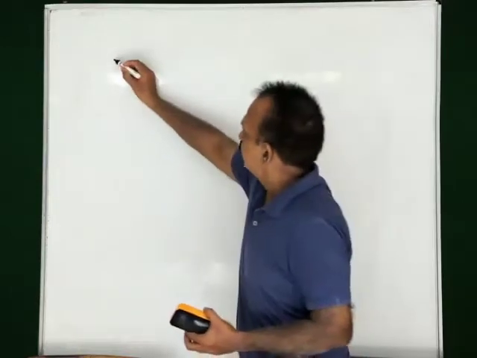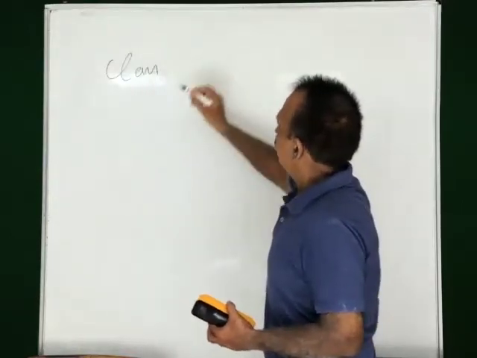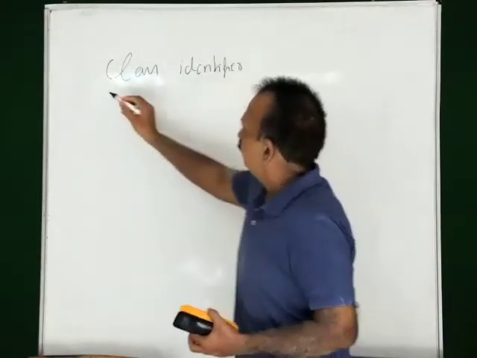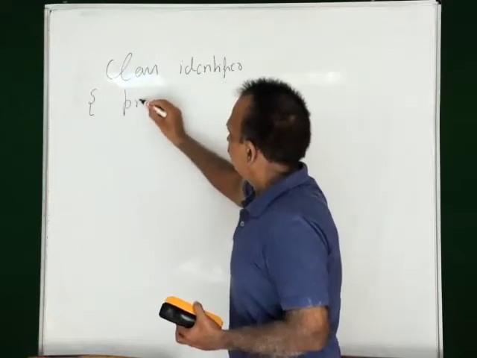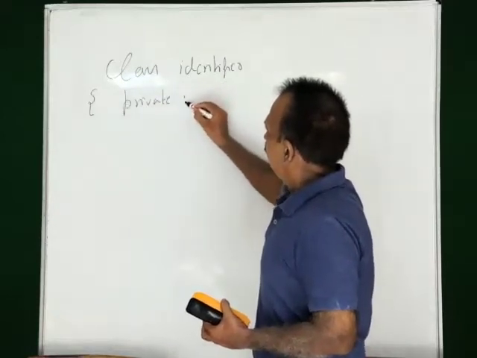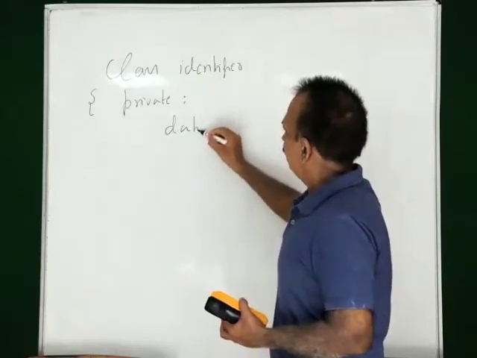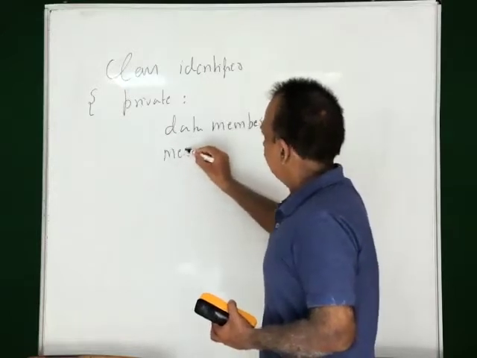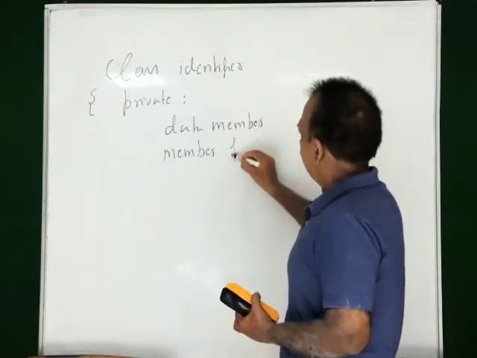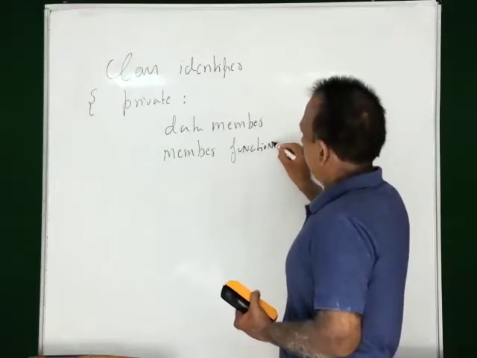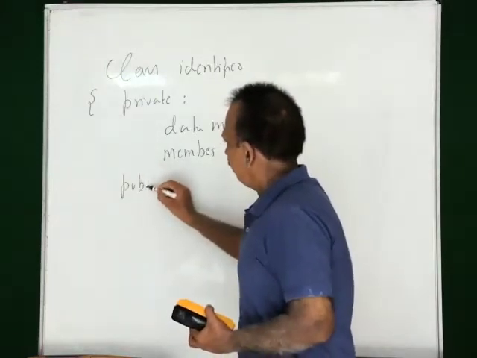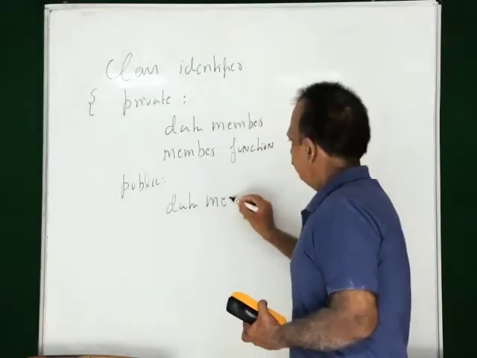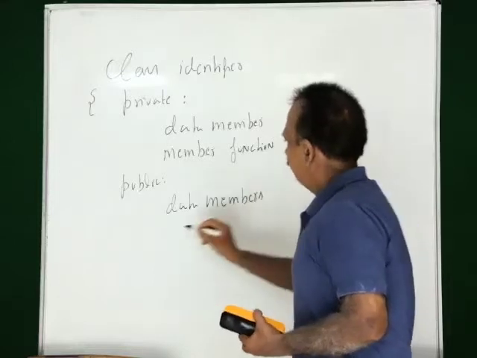It is written as class, then identifier, in braces, private, colon, data members, member functions, public, colon, data members, and member functions.